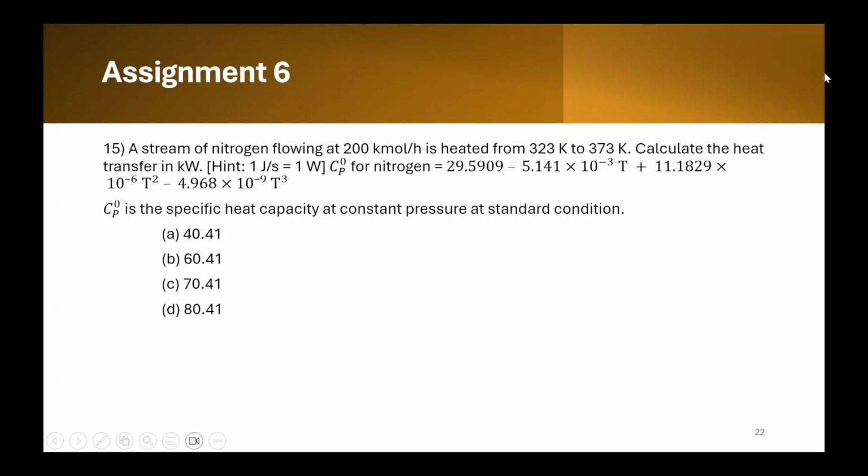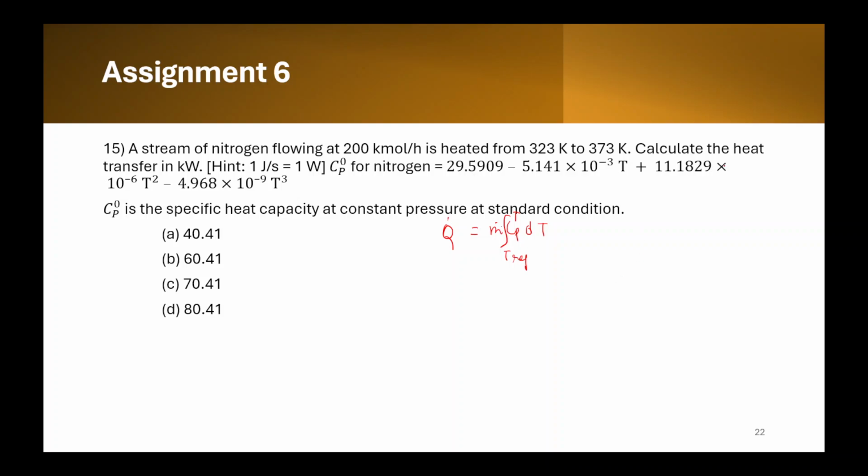So basically we need to compute the heat transfer. Heat transfer again can be computed as M dot times the integral of Cp dT from T ref to T, that is Q dot. So we know M dot in kilomole per hour.